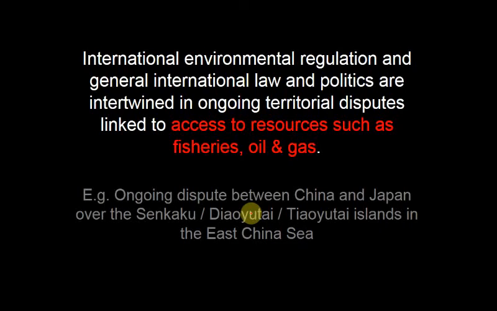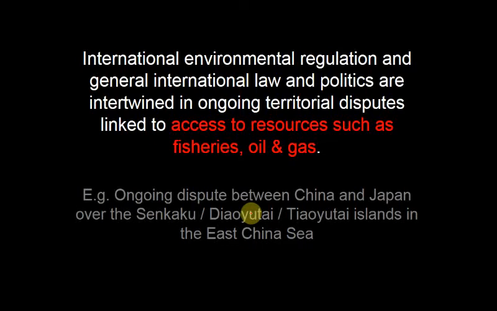Now, international environmental regulation and general international law and politics are intertwined with ongoing territorial disputes. So you talk about sovereignty, the recognition to control an area. Well, there's territorial disputes about many parts of the world, including the South China Sea. Disputes we'll look at, particularly when we look at the United Nations Convention on the Law of the Sea tomorrow.